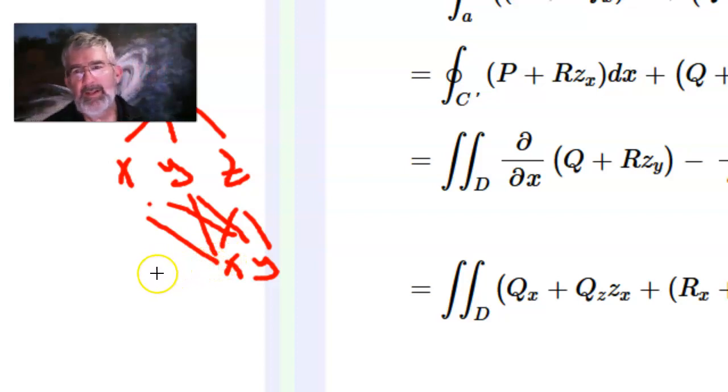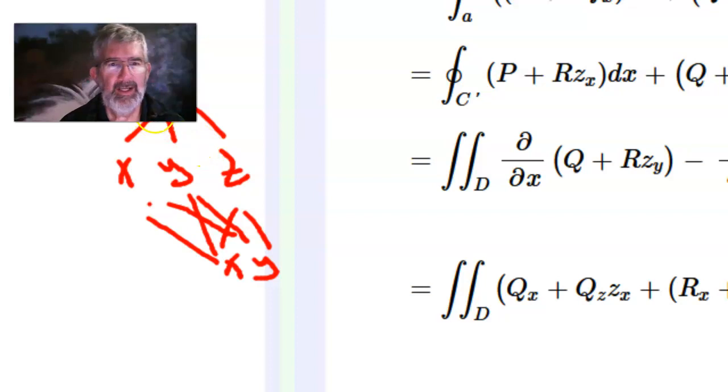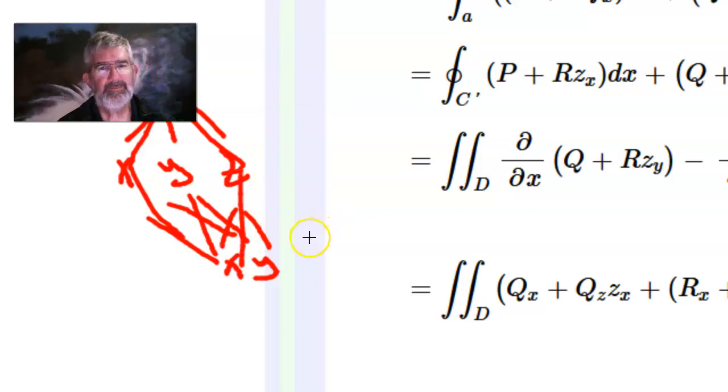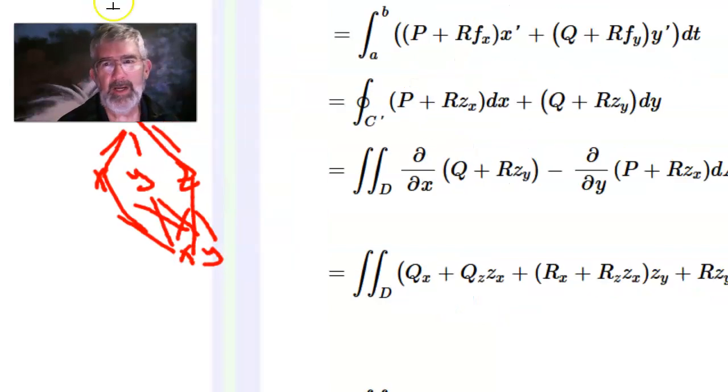So when I'm going to take the partial of q with respect to x, there's two ways to get there. I can go this way, or I can go this way. Likewise, when I take with respect to y. Similar things are going to happen with p and r, whatever order they're in. q is a function of three variables, but one of those variables is a function of the other two. Okay, so let's go back here.